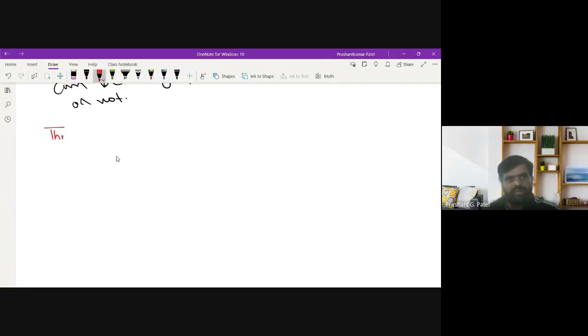So that result is this. Let f of x, y be a continuous function and that satisfy a Lipschitz condition.